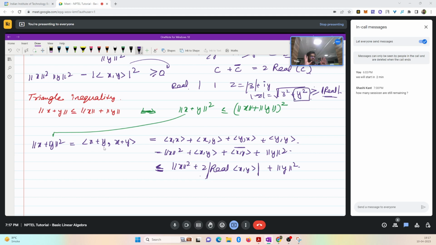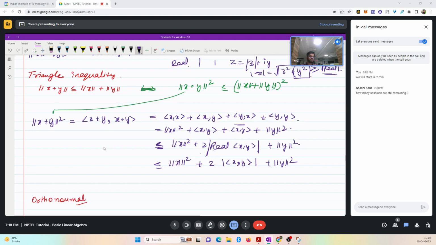No matter how small it is, this will always be greater than or equal to. So now what we are saying is that x squared plus 2 times the real part of (x, y) plus y squared is the length of the whole, and this was the length of just the real part. So this is always less than or equal to this thing.